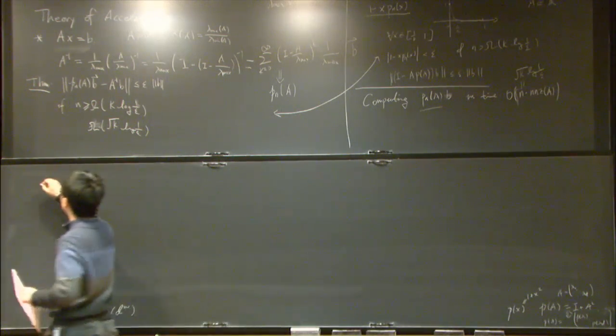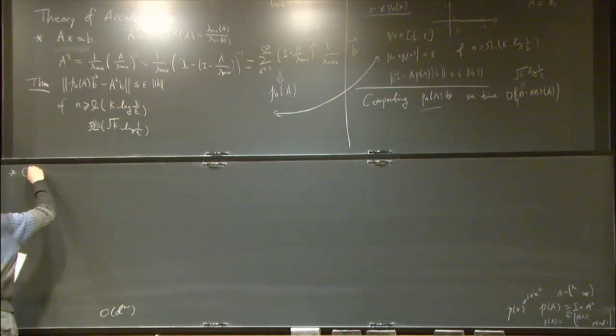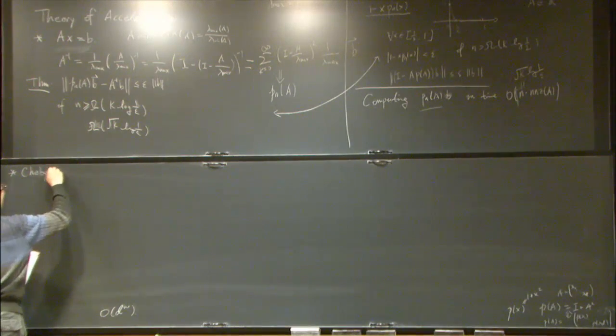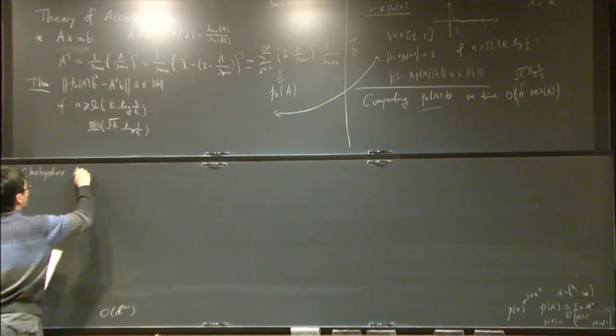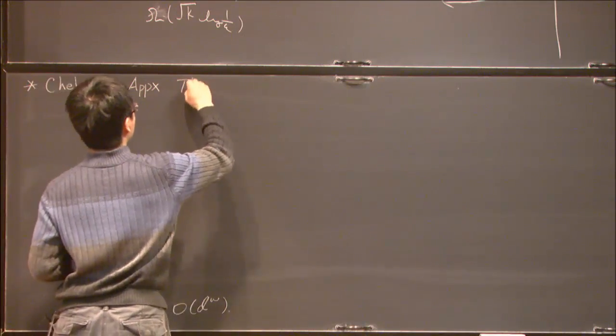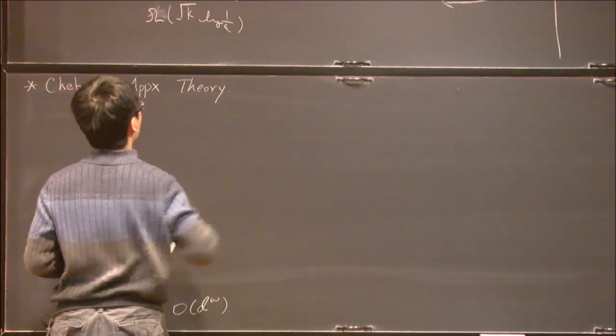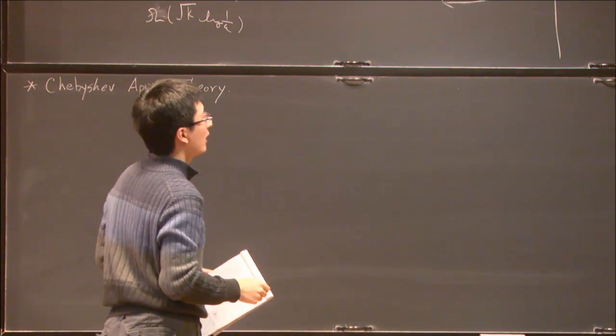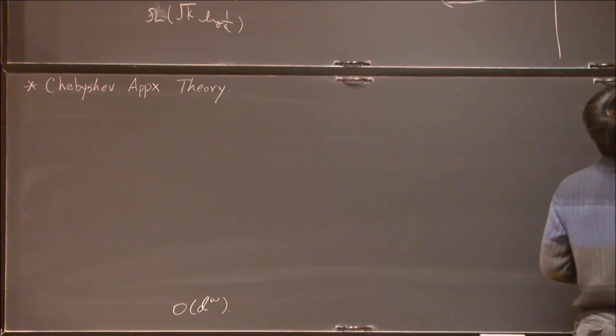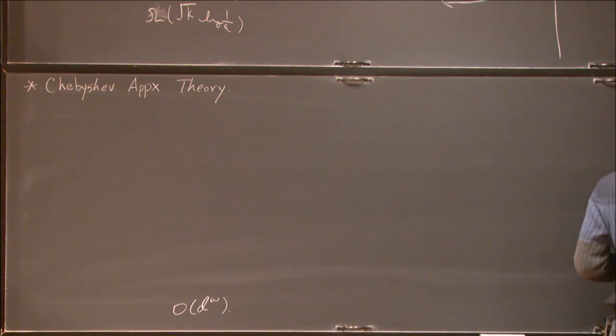Let me say Chebyshev approximation theory, even in general, that at a very high level is to create a polynomial that pictorially looks like this. So remember, that was what it looks like. Something very nice, 1 over kappa and 1.